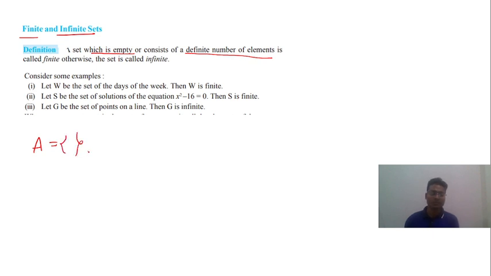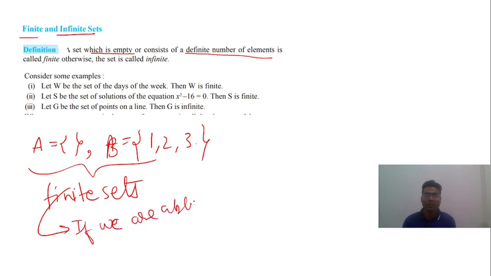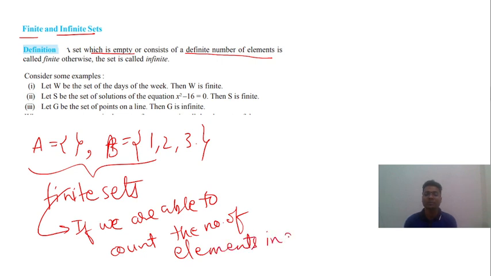If it is empty, or it has some elements like 1, 2, 3, then these are called finite sets. It means we can count the number of elements contained in these finite sets. If we are able to count the number of elements in a set, then it is a finite set.